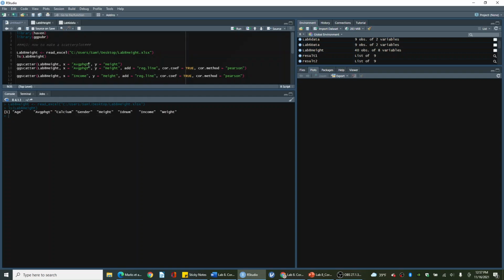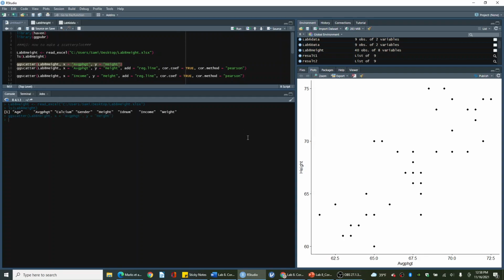Now, I'm going to show you guys the difference between these two commands. This is the first one that I was telling you about, just to get the scatter plot. You can see these points here, and it looks like there's some sort of positive association.